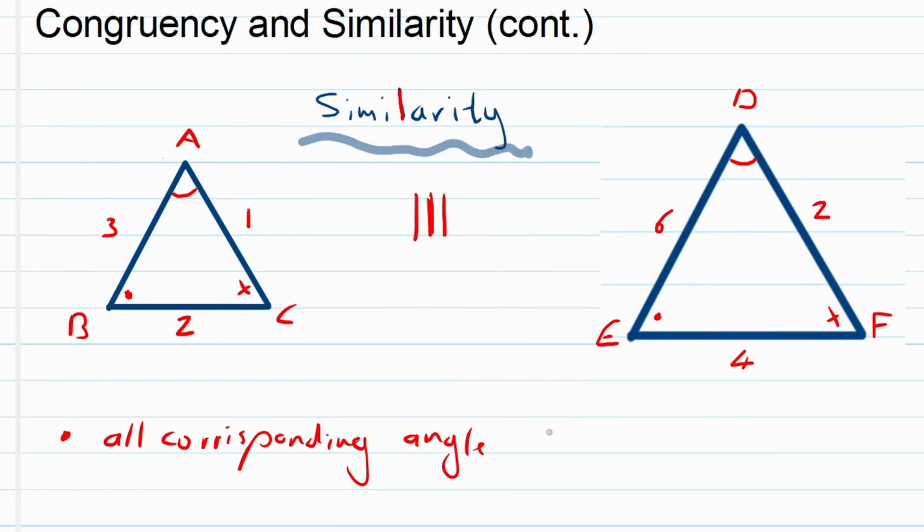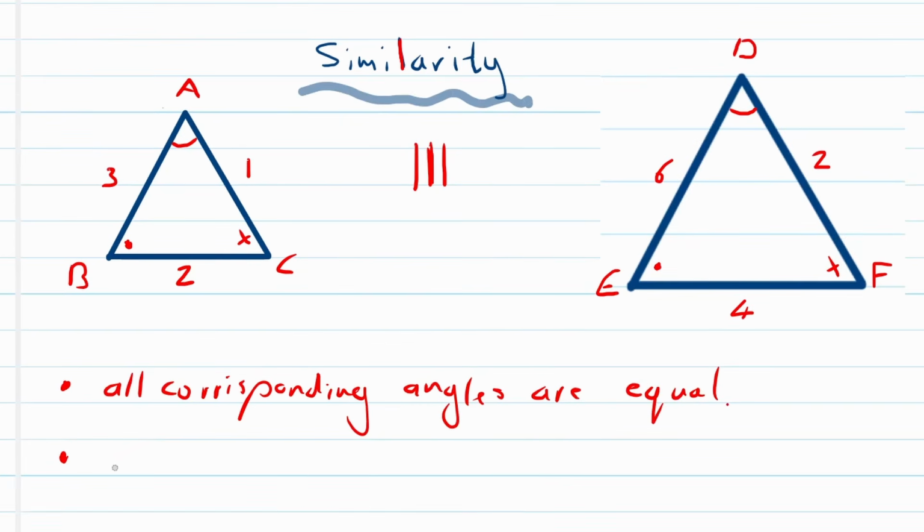Angles are equal. Secondly, all corresponding sides are in proportion. So they're not equal, but they are in proportion.